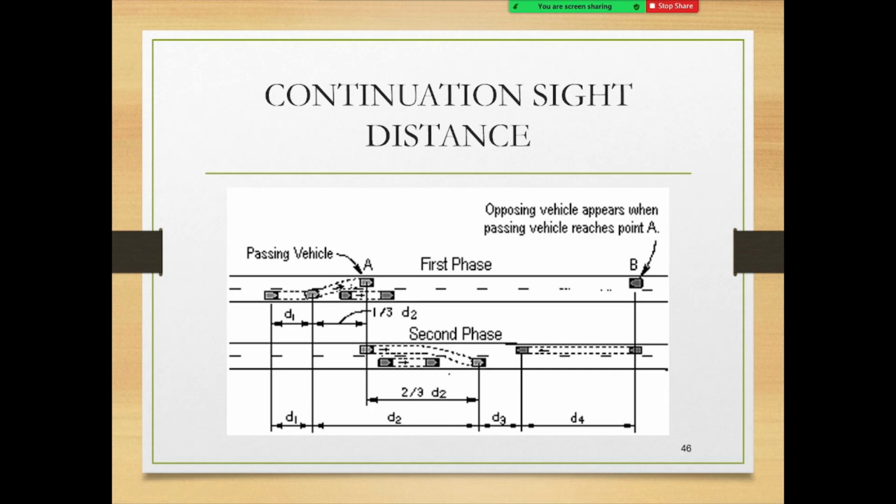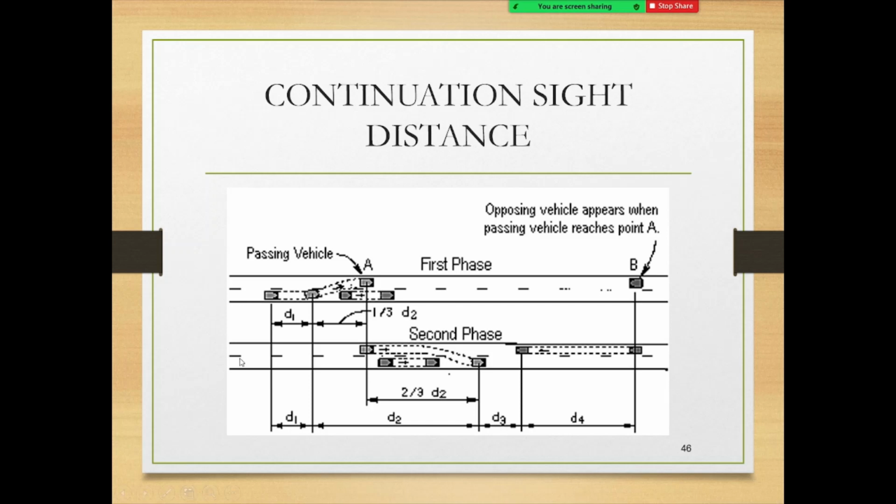Now, obviously, this sight distance is less than the overtaking sight distance, because in the overtaking sight distance you have to provide enough distance for this person to take this decision also. But now he has already taken this decision anyway. By hook or crook, he has taken this decision.